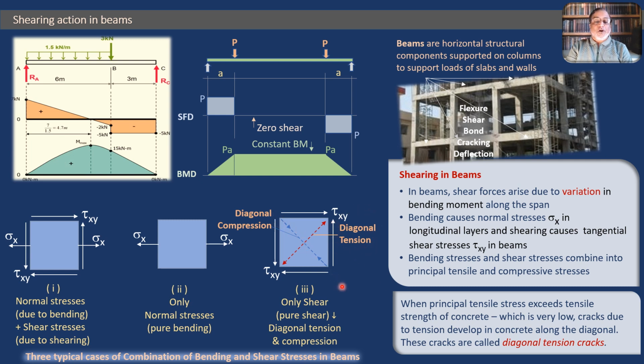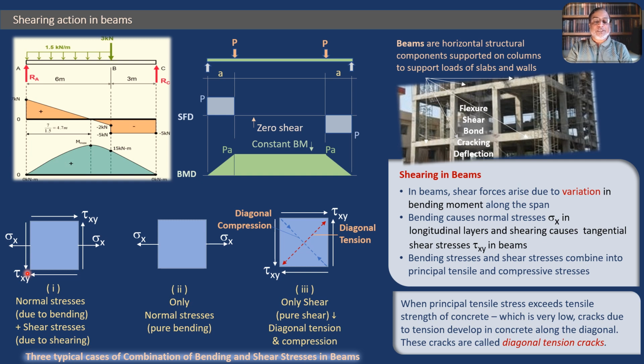Now there is diagonal compression also. Concrete will usually be sufficient to resist the diagonal compression, but concrete will not be able to resist diagonal tension, and that is why we have to provide shear reinforcement in the form of stirrups or bent up bars and so on, that we will see later on. But this diagram tells us why it is needed that we provide the shearing reinforcement.